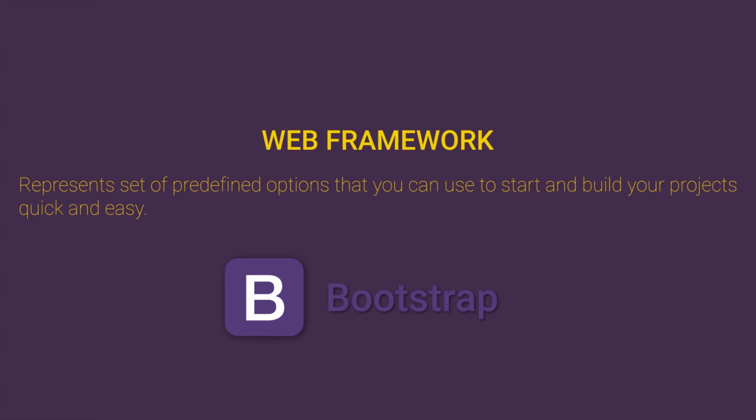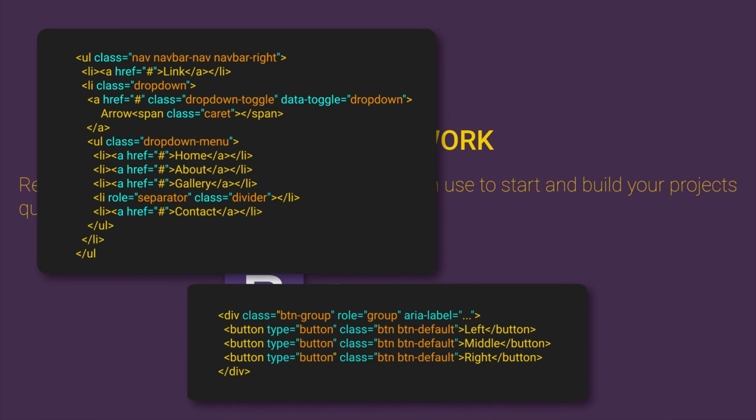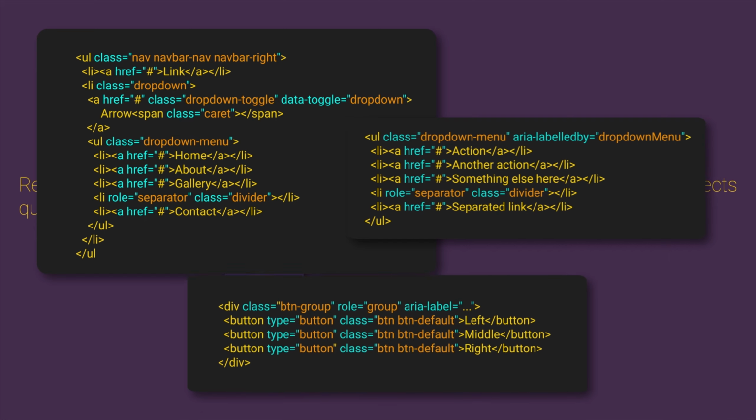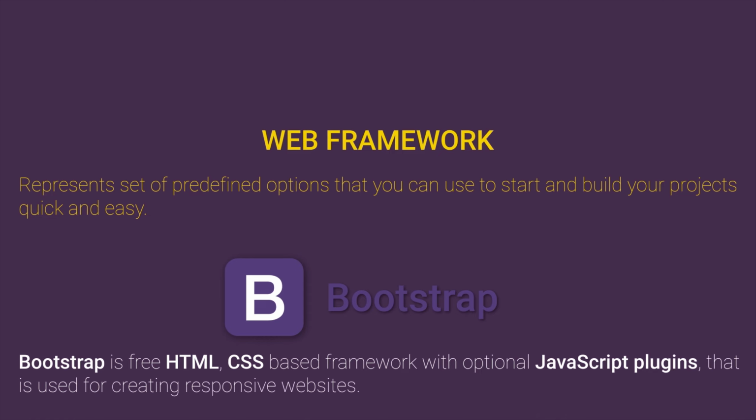So you can use basically anything from Bootstrap, elements like navigations or various buttons or drop-down select lists or anything like that. Bootstrap is a free HTML and CSS based framework with optional JavaScript plugins that can be used to create responsive websites.